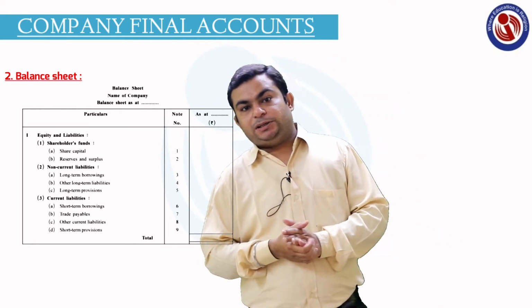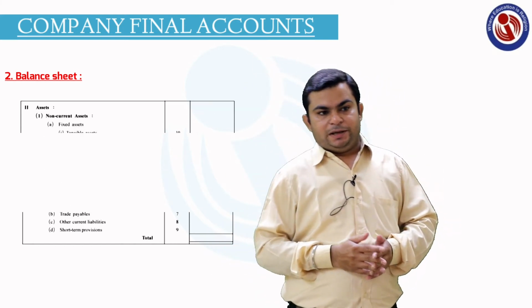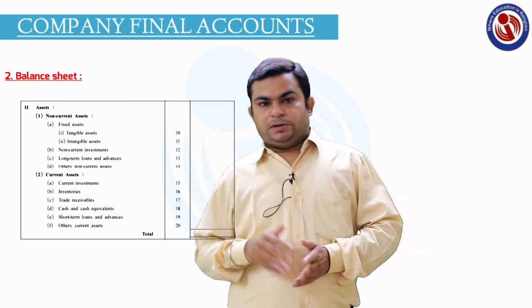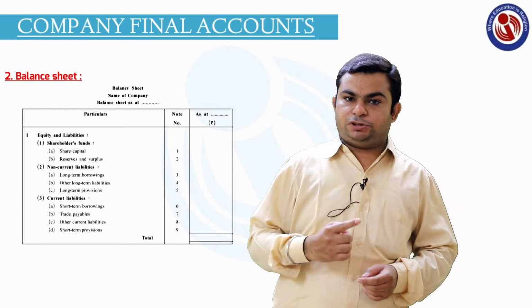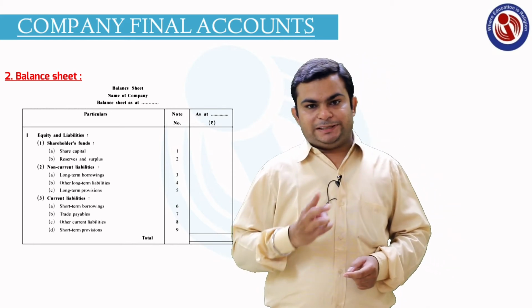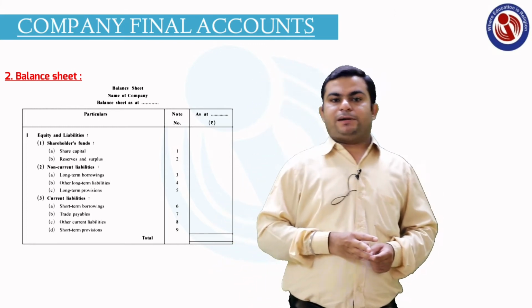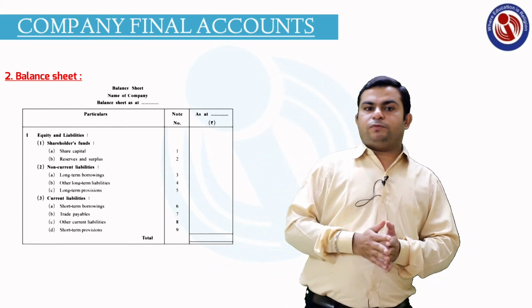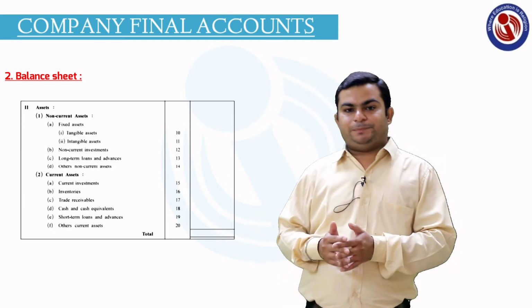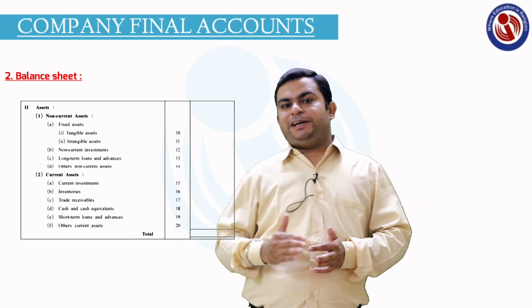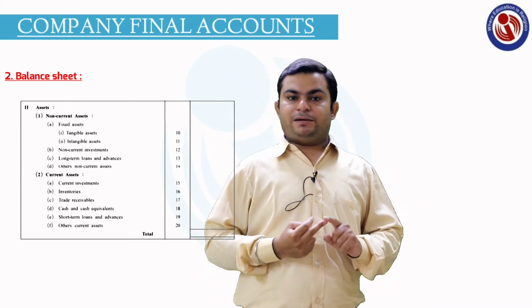In this balance sheet, the whole balance sheet is divided into 2 parts. The first part is called equity and liabilities, and the second part is called assets. Equity and liabilities are again divided into 3 subheadings: the first is shareholders' funds, the second is non-current liabilities, and the third is current liabilities. The other part of the balance sheet is the assets part, which is again divided into 2 parts: first non-current assets and second current assets.